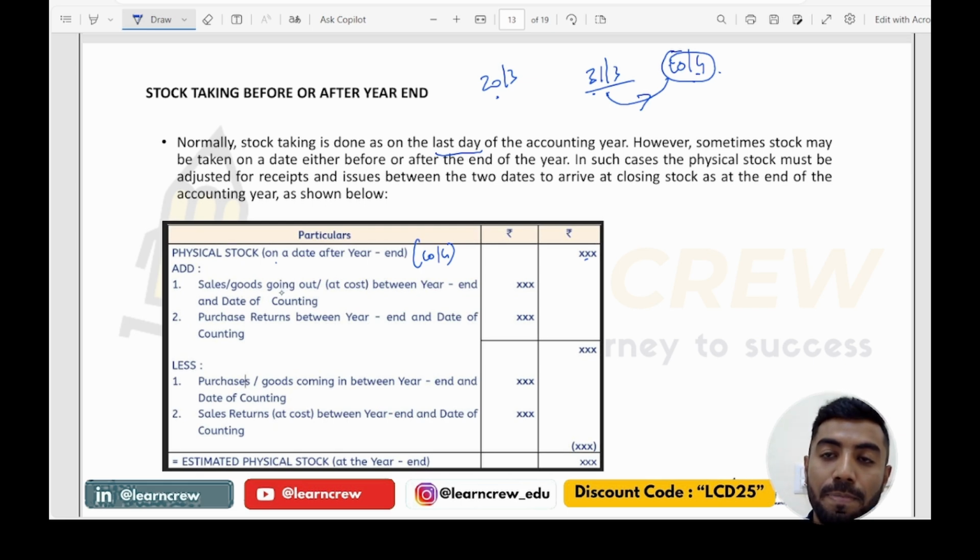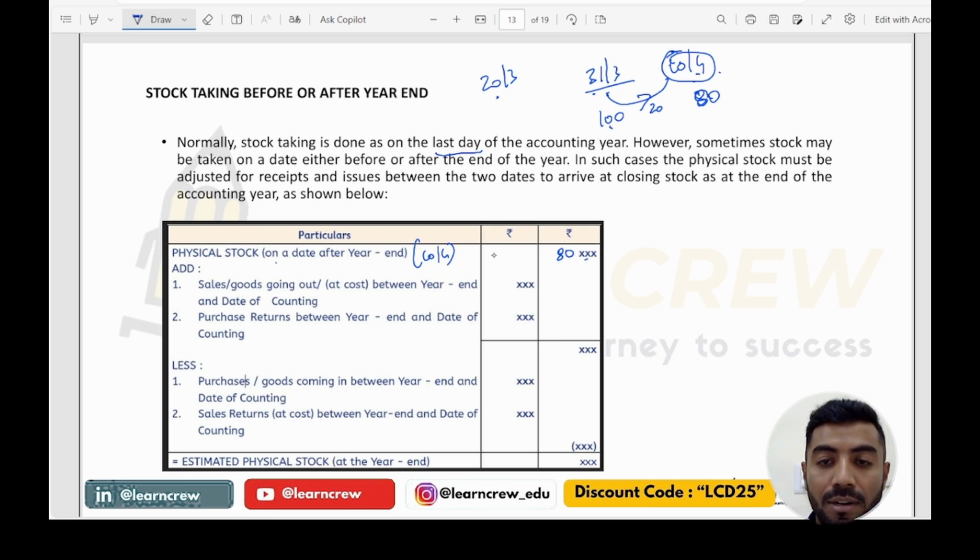During this period, if you have sold any goods, say for example on 31st March you had an inventory of 100, and you sold 20 during this period, the balance goods you have is only 80. So if you made any sales during this period, you need to add that. Only when you add this will you reach 31st March.